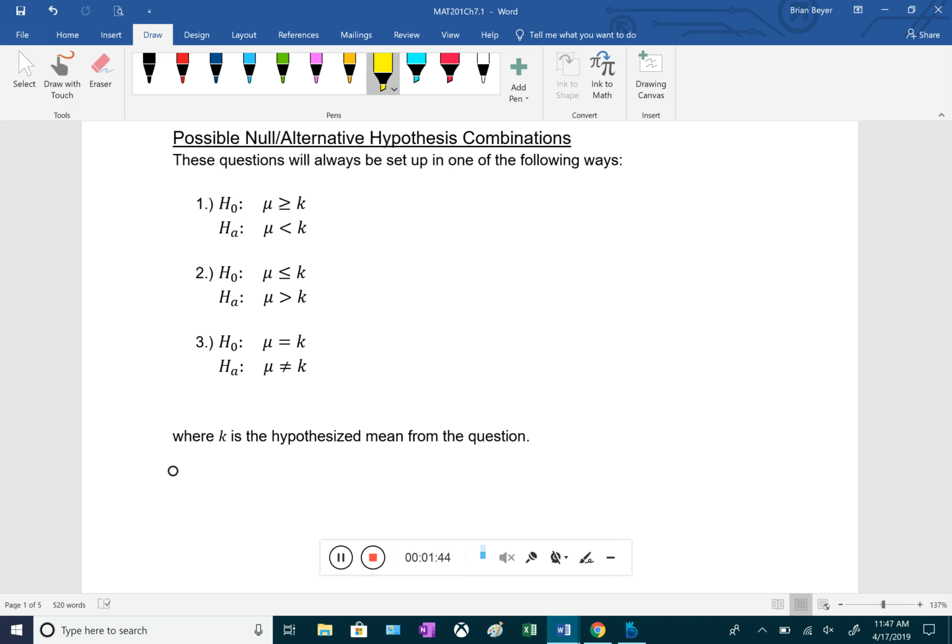So if the null says greater than or equal to, the alternative has to say less than. For the second setup, if the null says the mean is less than or equal to a number, the alternative has to say the mean is greater than the number. And the third possible combination is if the null says the mean is equal to the number, then the alternative has to say not equal to the number.